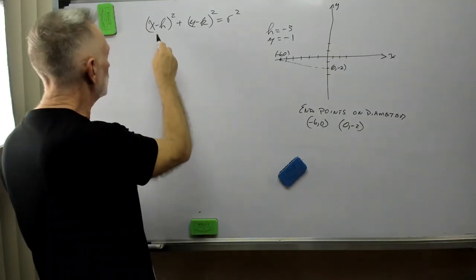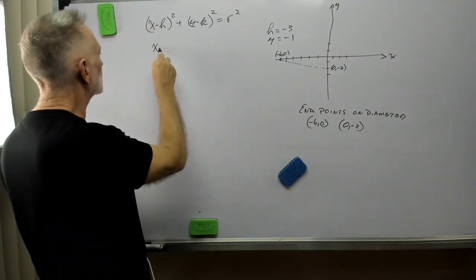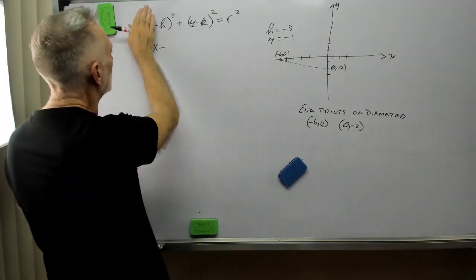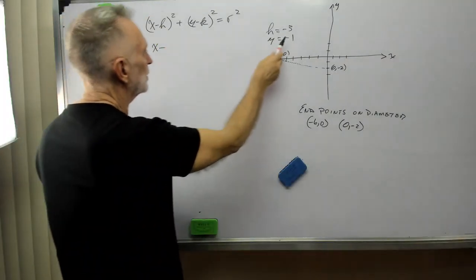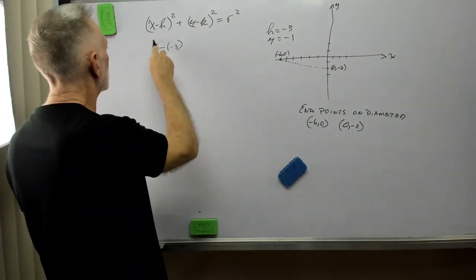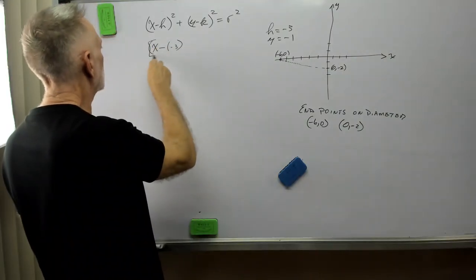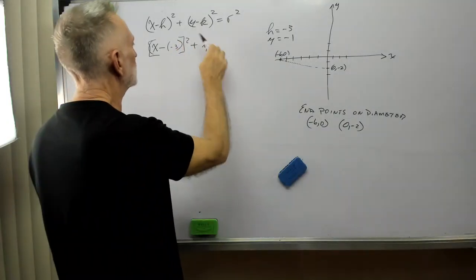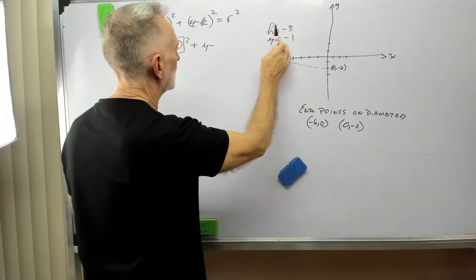So what does that do for me here? I have x minus h, and what is h? -3. Let's put it in, squared, plus y minus k.